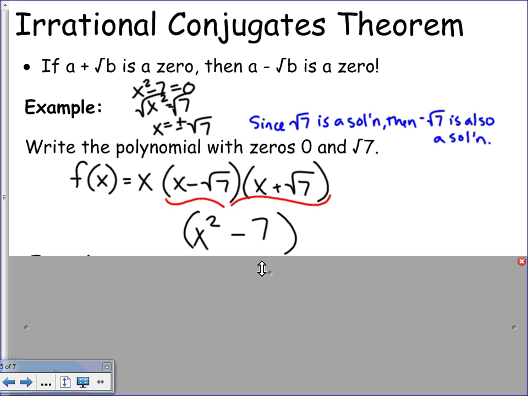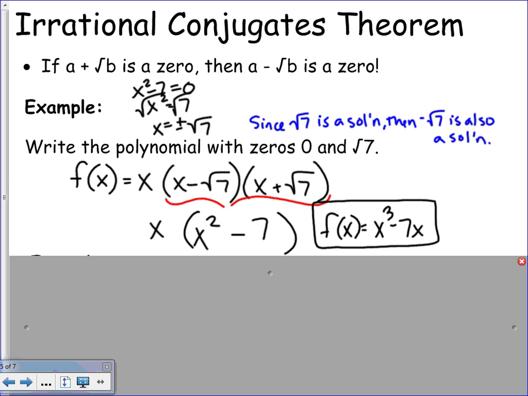This factor x squared minus 7 really does work. Okay. And then we still have to distribute the x. So our final answer will be something like f of x equals x cubed minus 7x. Questions on that?